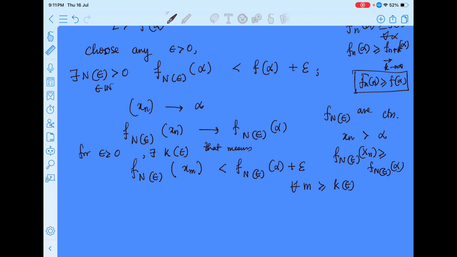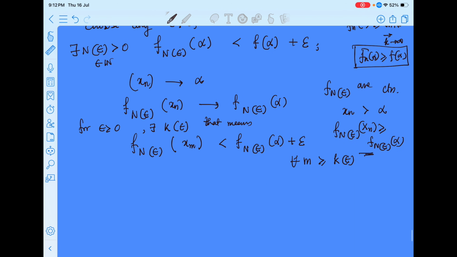Now combining these two, fn epsilon of xm is less than f of alpha plus 2 epsilon for all m greater than or equal to k epsilon. Till now it is okay.